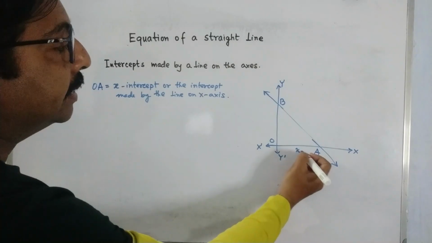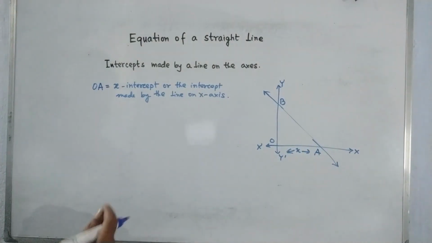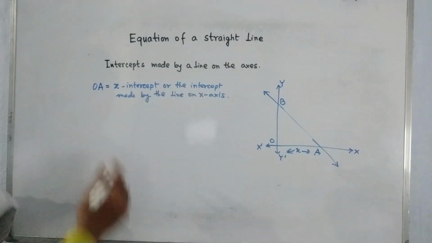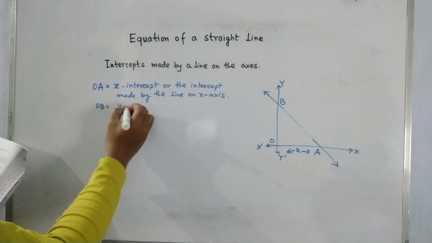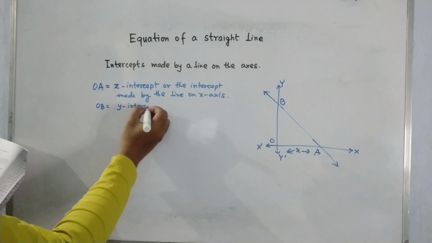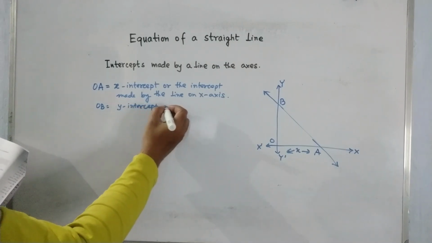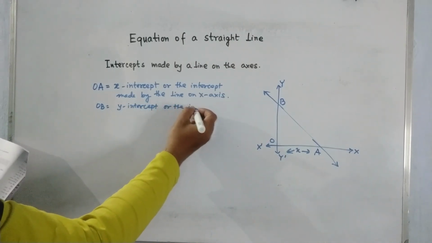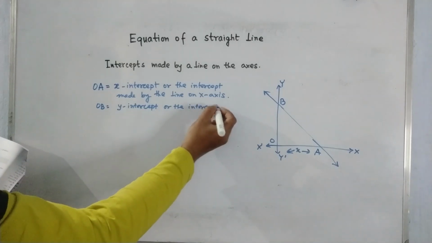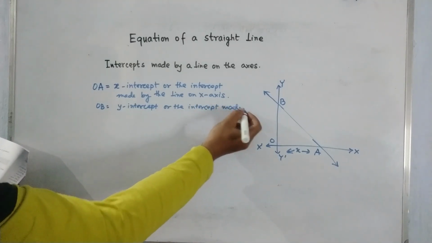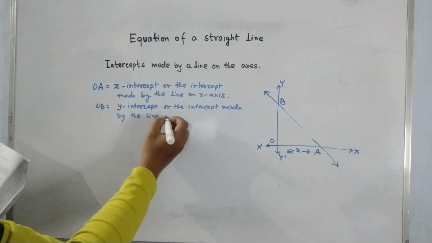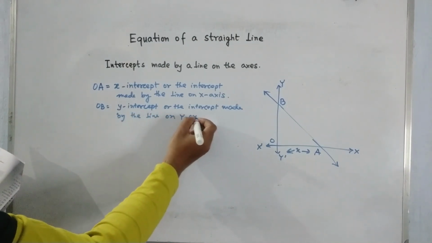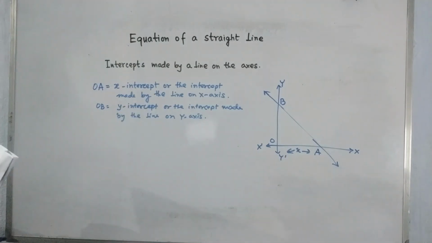OA is actually the x-intercept. OB is called the y-intercept, or the intercept made by the line on the y-axis.